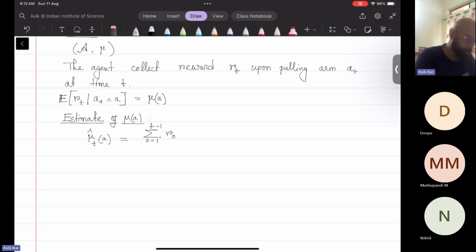So whatever reward we have gathered, but only when we have pulled arm A, right? So the indicator AS equals to A will take value 1 when AS equals A, and value 0 when it is not, divided by the total number of pulls of arm A, that is the sum of the indicator AS equals to A.